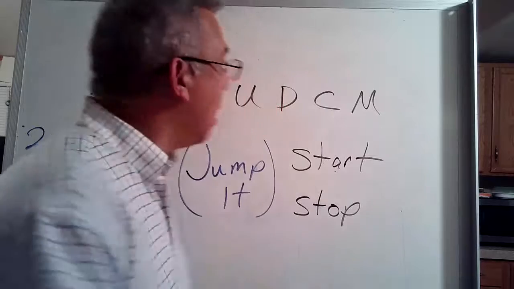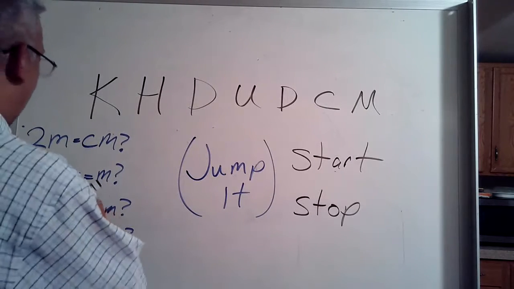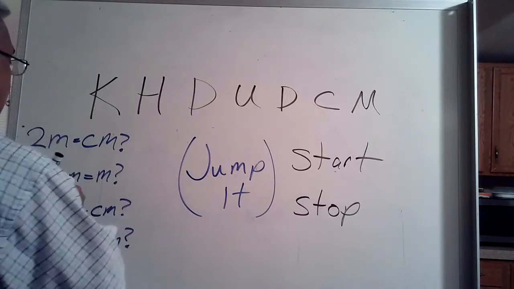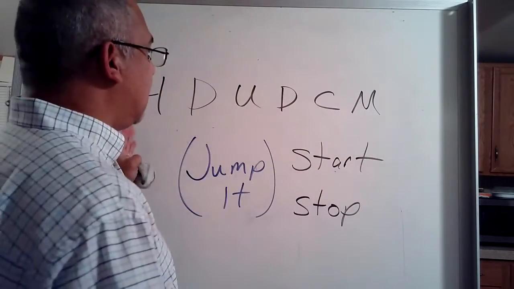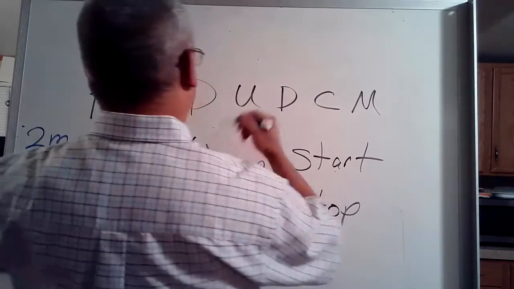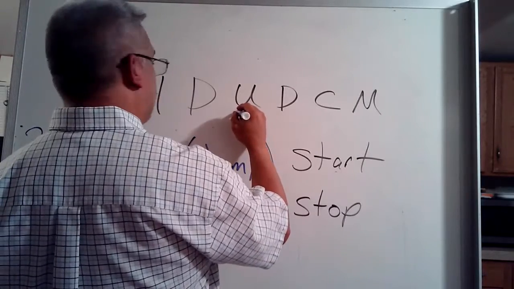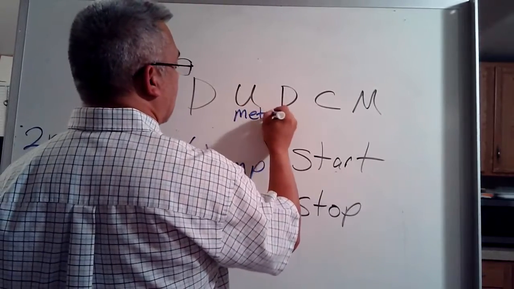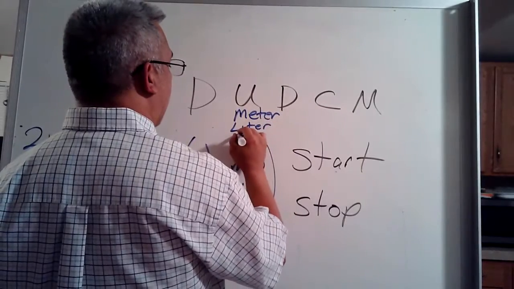Here we go. Alright, the first problem that I have over here is 2 meters equals blank centimeters. So, I'm going to write it over here. Now, where's my start point? The U right here is the same as saying meter, liter, or gram.